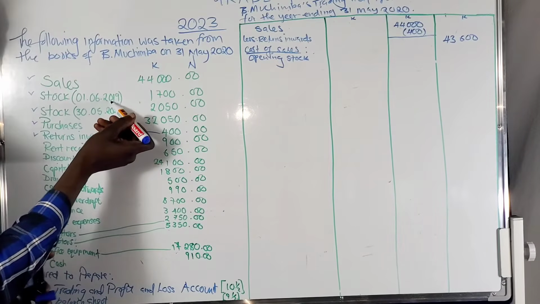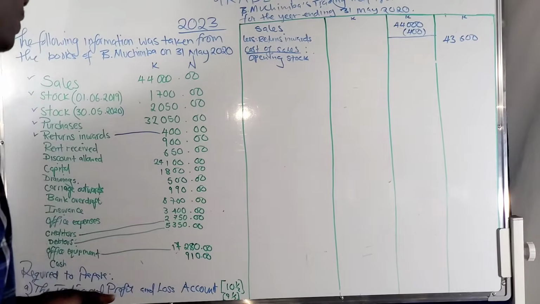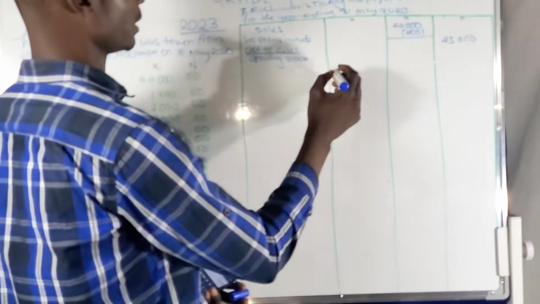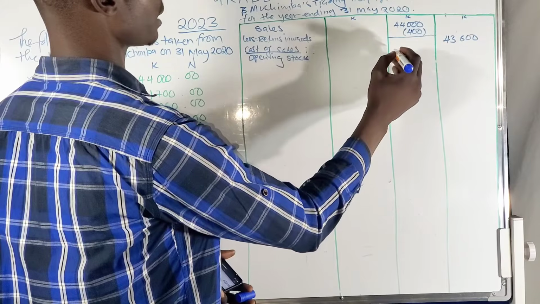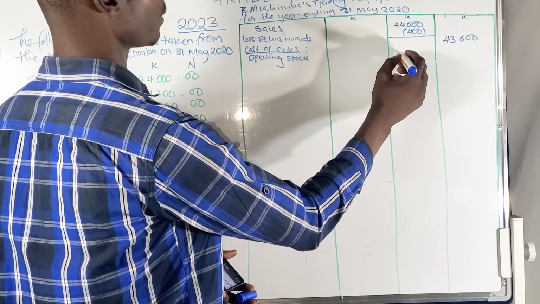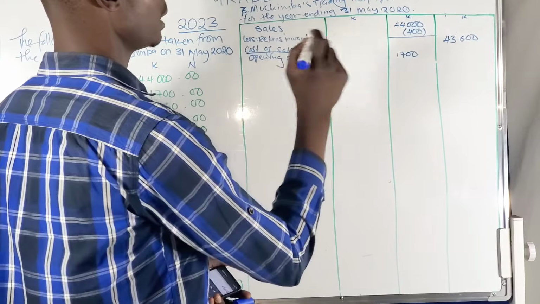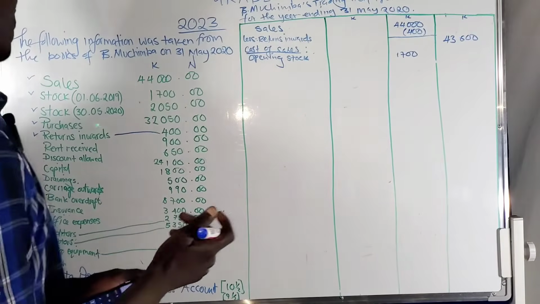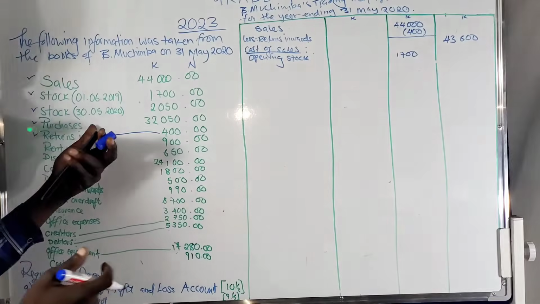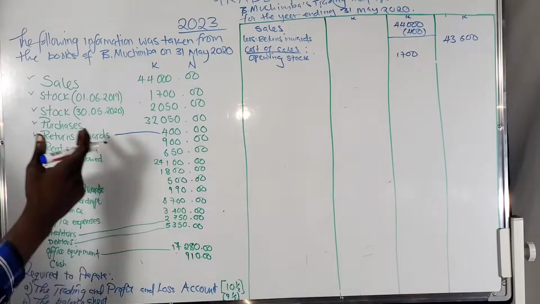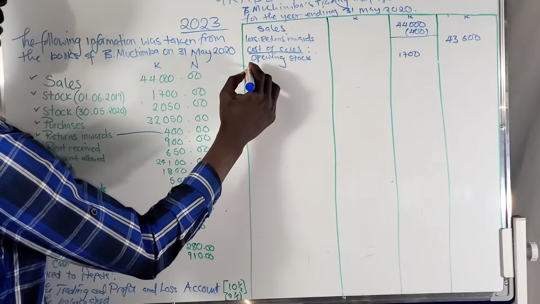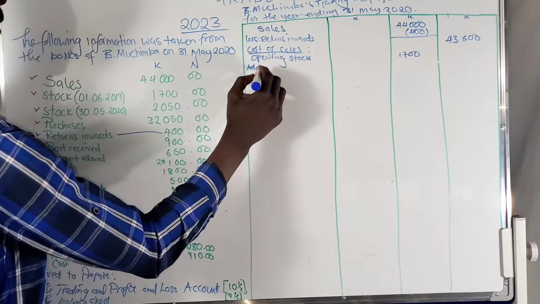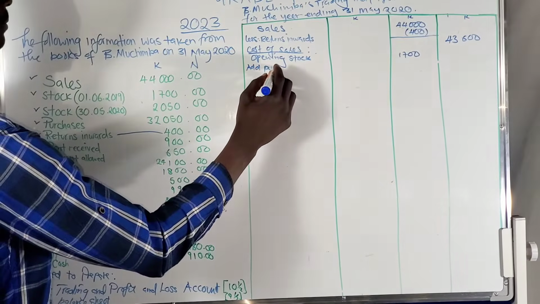So 2019 automatically is our opening stock, which is 1,700. So this goes directly in the middle column. Okay. Next is purchases. We have purchases here. So I'm going to say add purchases.